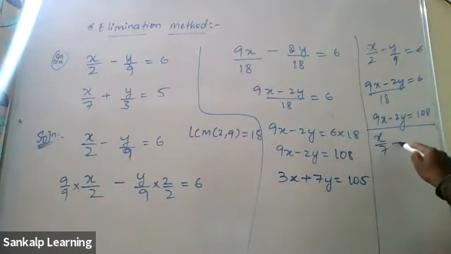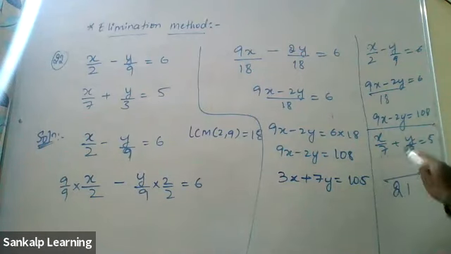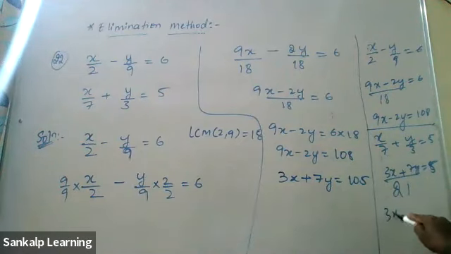x by 7 plus y by 3 equals 5. Multiply the denominators. 7 3s are 21. Cross multiply. 3 into x is 3x, 7 into y is 7y, equal to 5 into 21, which is 105. 3x plus 7y is equal to 105.